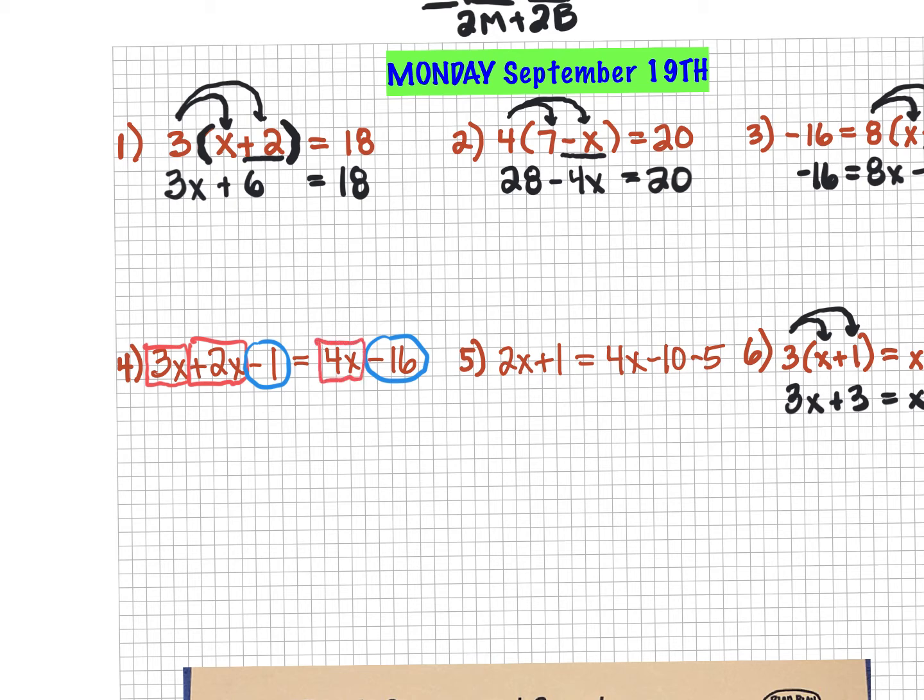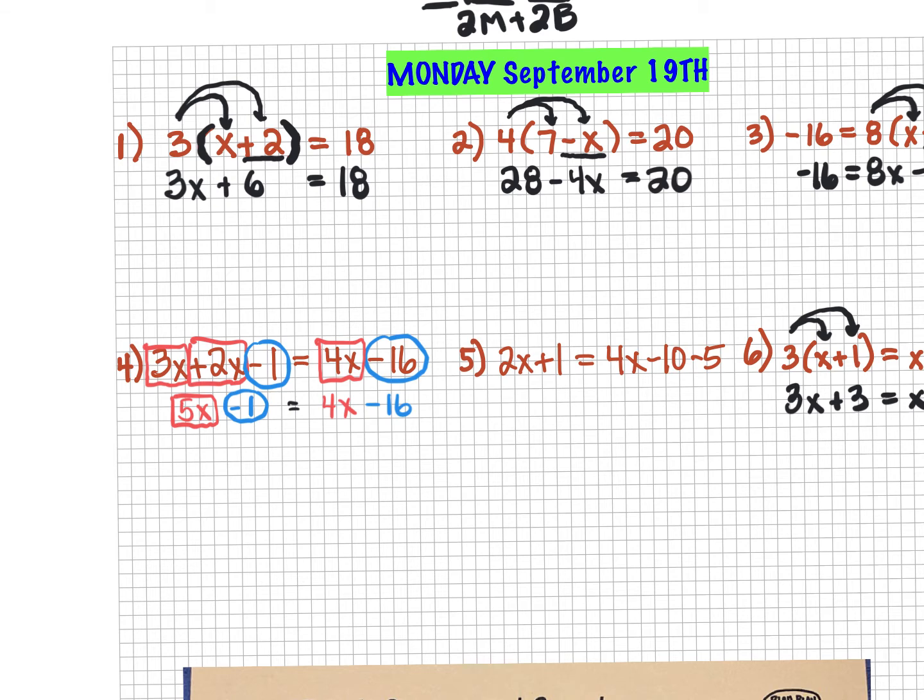Then before I even start my problem, I combine them. 3x's and 2x's is 5x's. So if you ever see students on the same side of the court, just combine them into one group. Minus 1 equals 4x's minus 16.